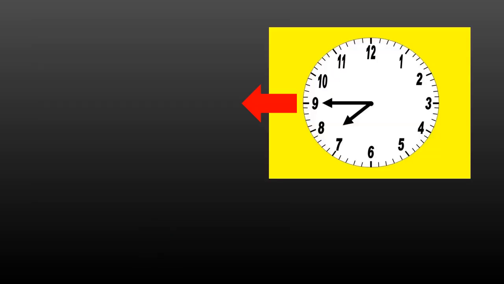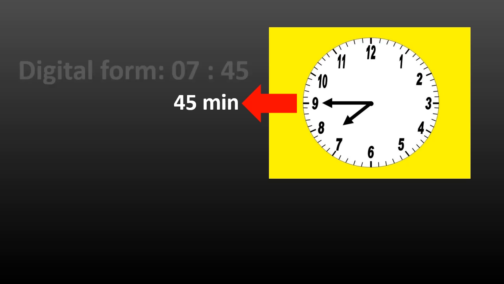Yes, here, that's what I said now. Now the long arm is on the 9, so we counted 45 minutes from the 12 to the 9, counting by 5s. So where am I going to put the 45 minutes? I will put it in the minutes place, at the right hand of the digital clock. So what about the left hand, which reads the hours on the digital clock?